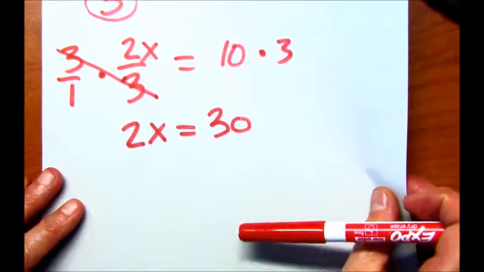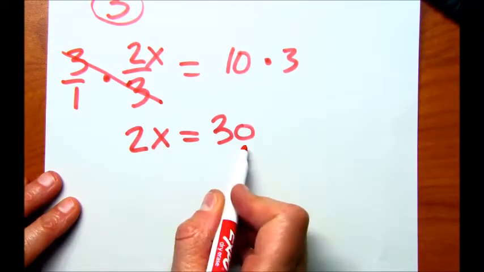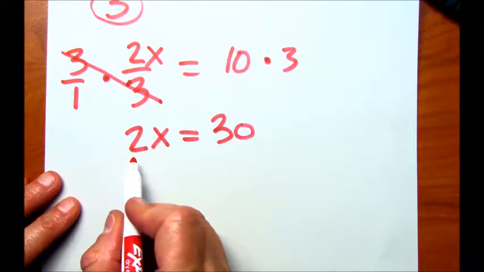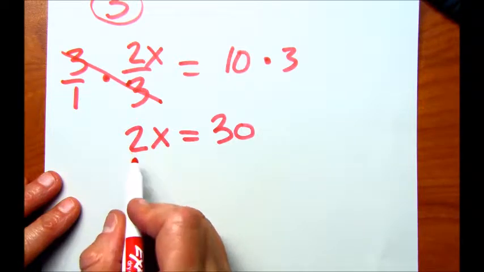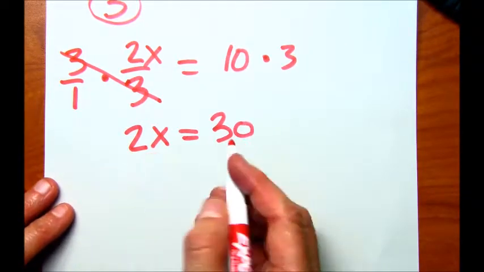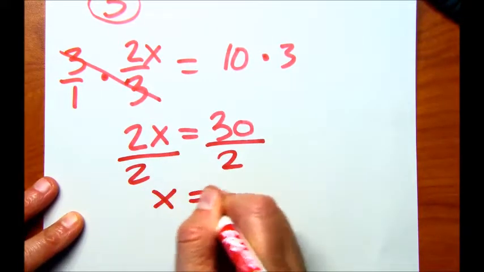Okay. Now, this is 2 times a number equals 30, and you probably can think of the answer. It's going to be 15. But, and you can think, well, if I multiply the inverse of 2, I'm really multiplying by 1/2. Or you can think of it as dividing by 2. And then you get x equals 15.